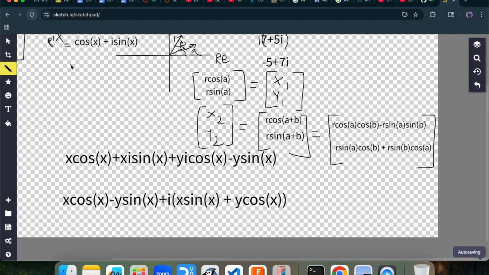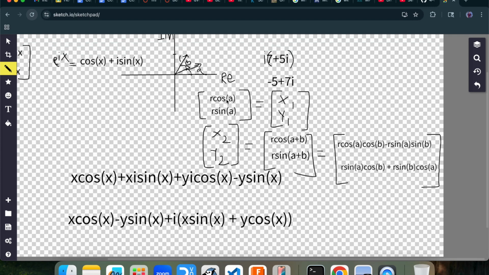So what we said is that R cosine A is x and R sine A is y.